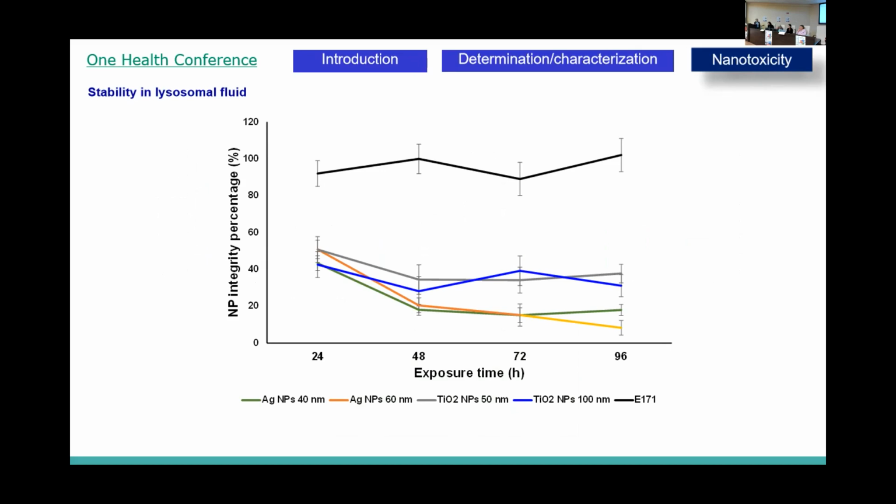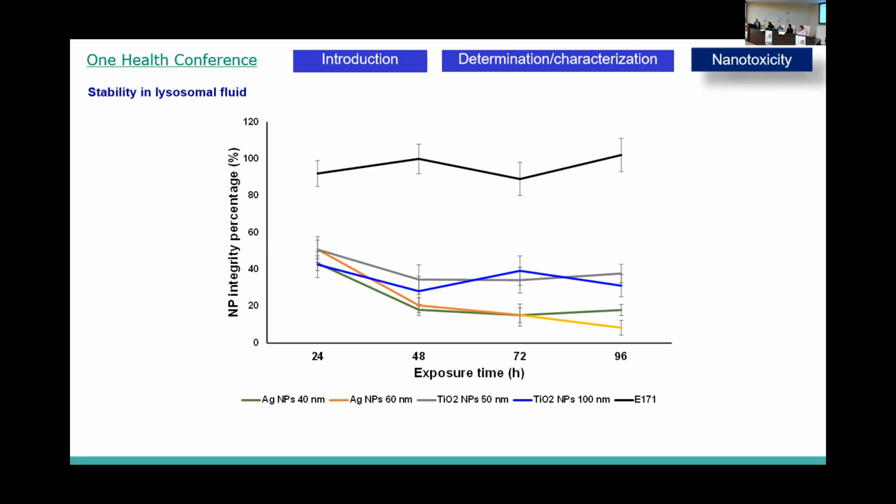However, in the case of the titanium dioxide nanoparticles, there is a degradation of up to 50%, so more or less a moderate degradation. And in the case of the silver nanoparticles, the degradation is higher, lower than 20% remaining.